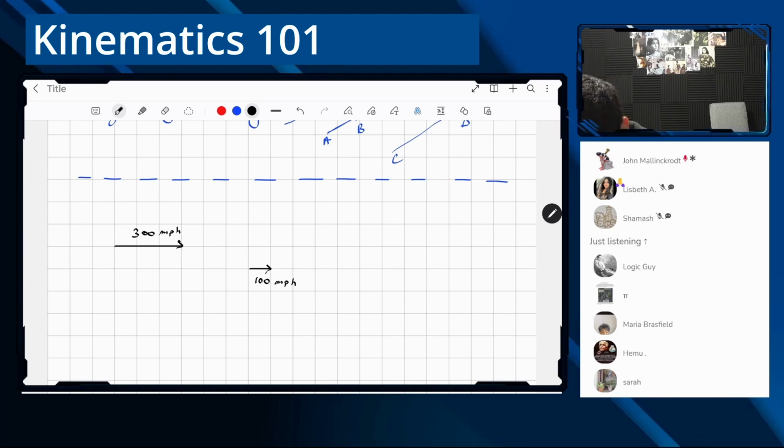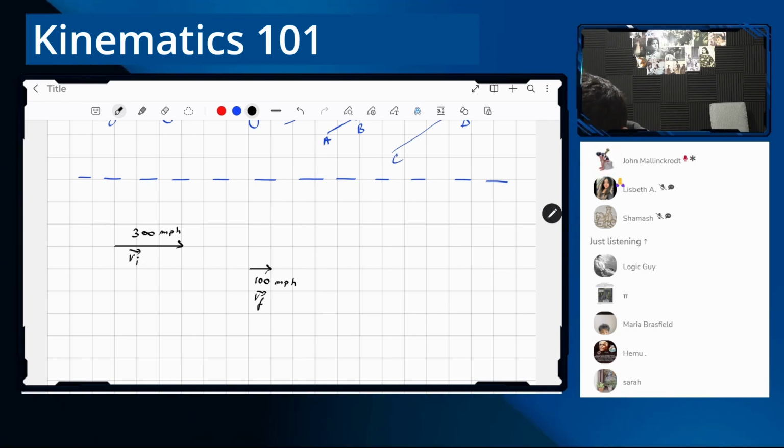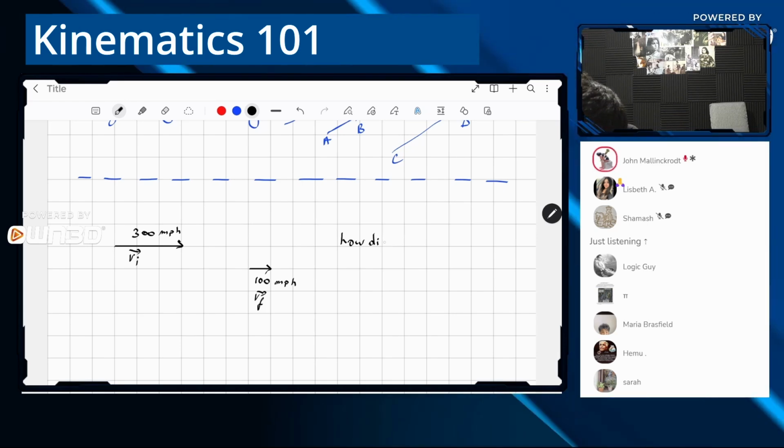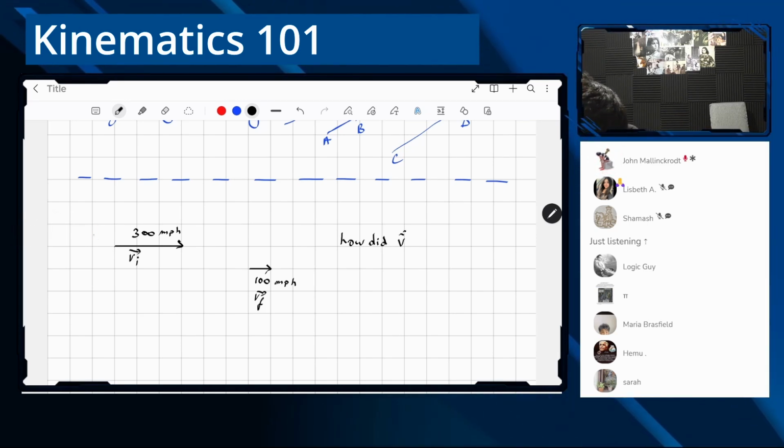Right? And I want to find out how much did its velocity vector change. And what I want you to do is draw me a vector diagram which shows that properly. I think you'll see how the change in the velocity is 200 miles per hour to the west, right?